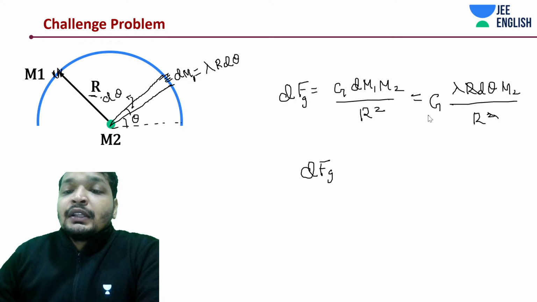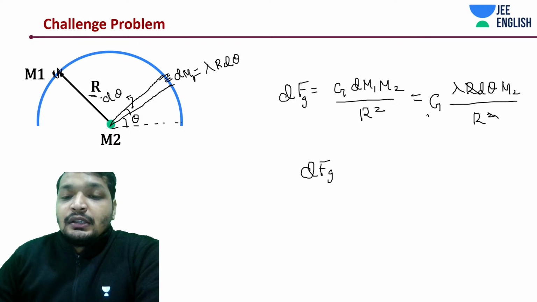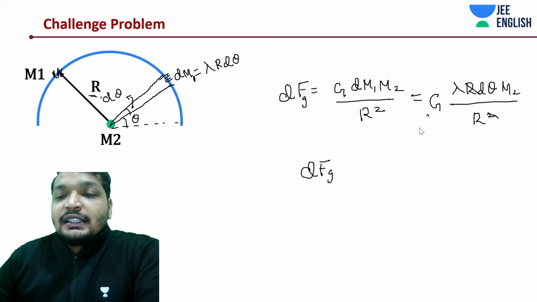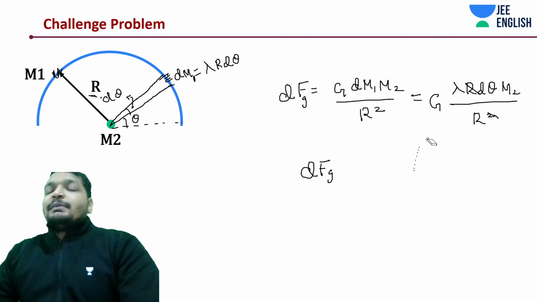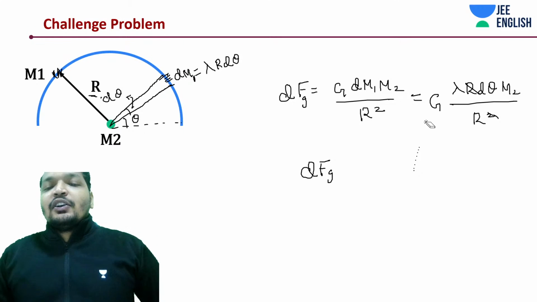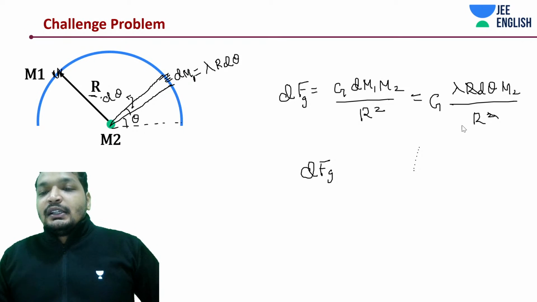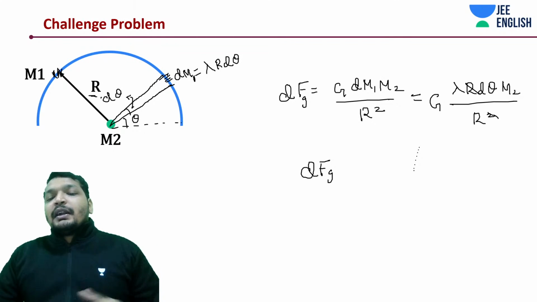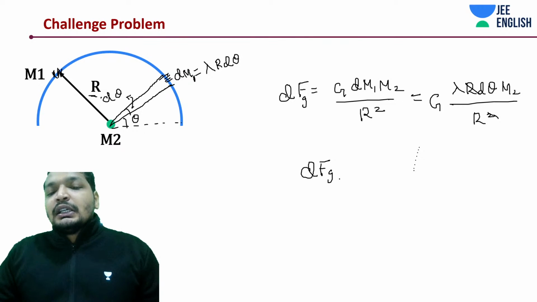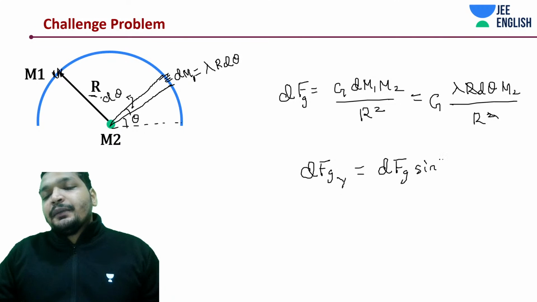And a very important thing, guys. So plus sine theta. This is dfg, but we are only concerned about the sine theta component. We cannot do it that way. This is the total force, but we are only worried about the y-axis component, which is going to be dfg sine theta.